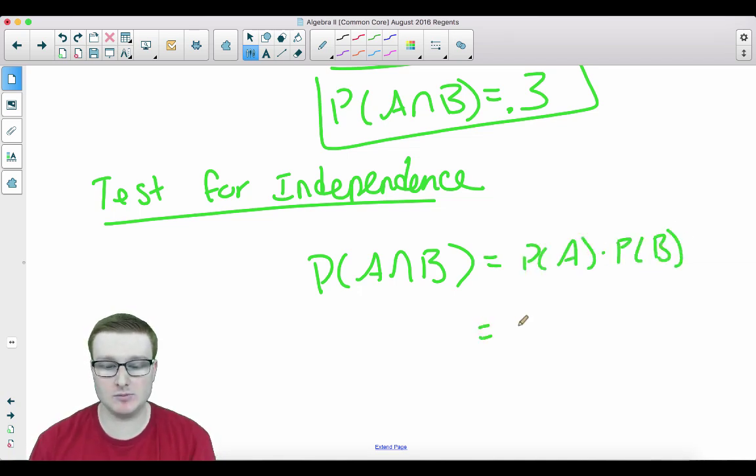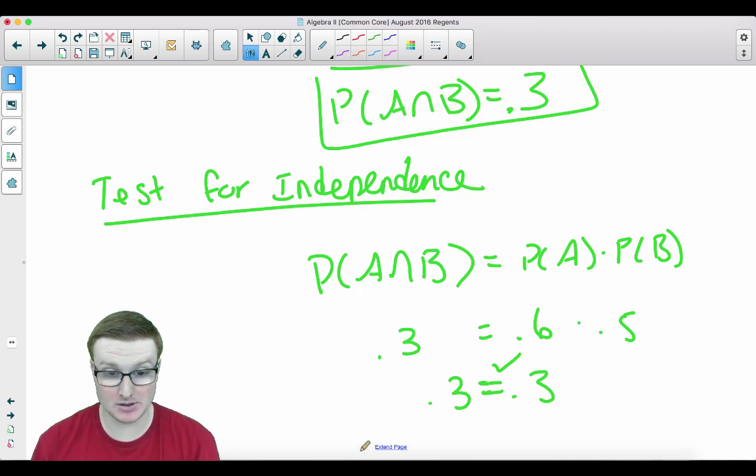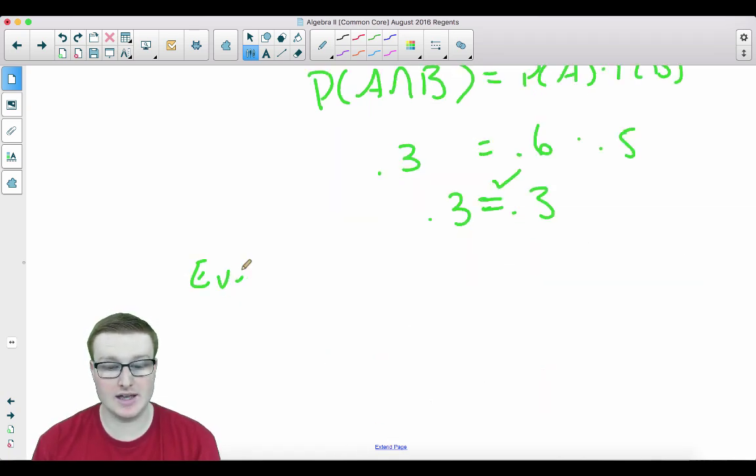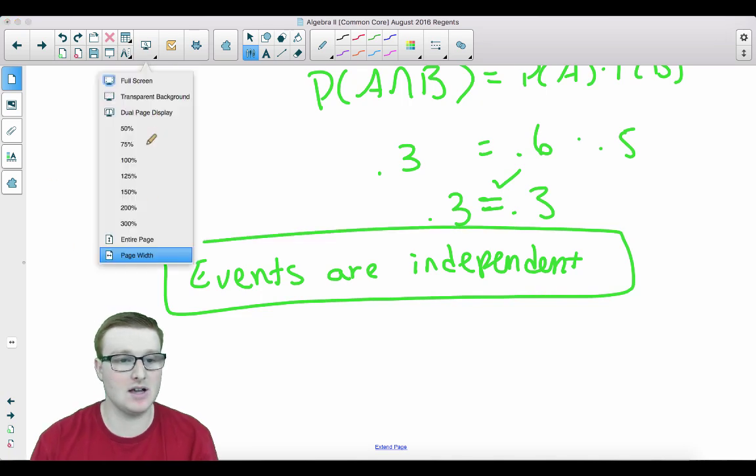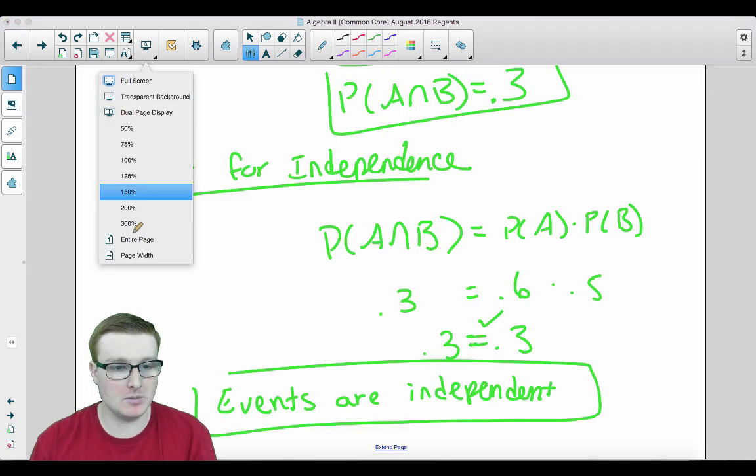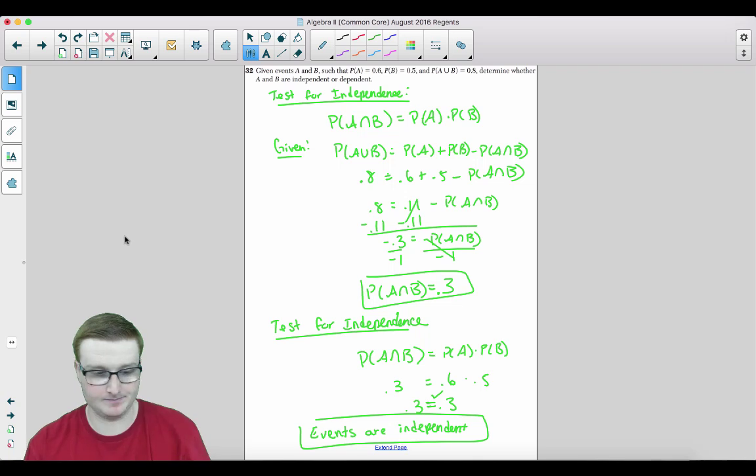Well, they tell us that the probability of A is 0.6 and the probability of B is 0.5, and we got this to be 0.3. What is 0.6 times 0.5? 0.3 is equal to 0.3. Yeah, they're the same number. So therefore, your answer is events are independent because those two numbers are equal to each other. And that's how you do that question. Not too bad of a probability question. Again, could have been a lot worse.